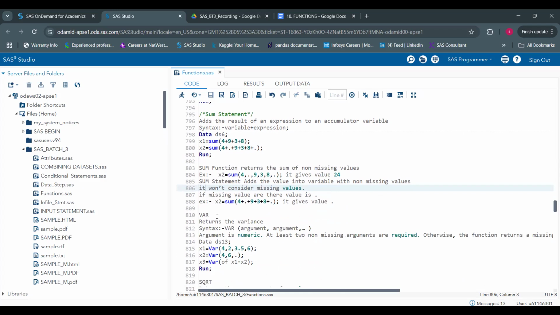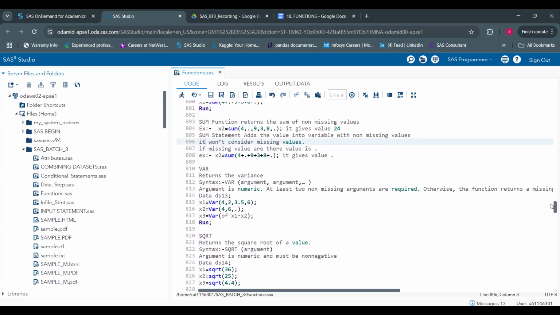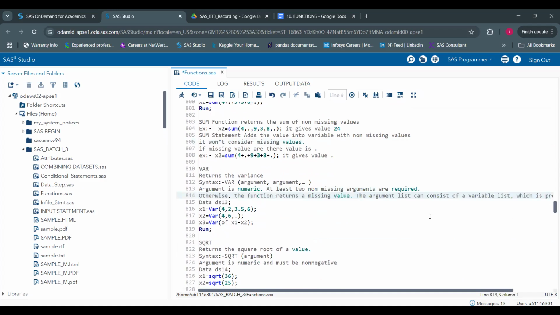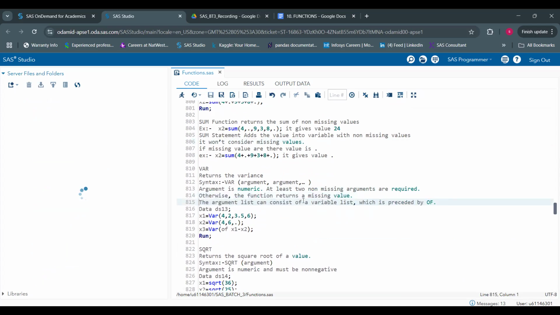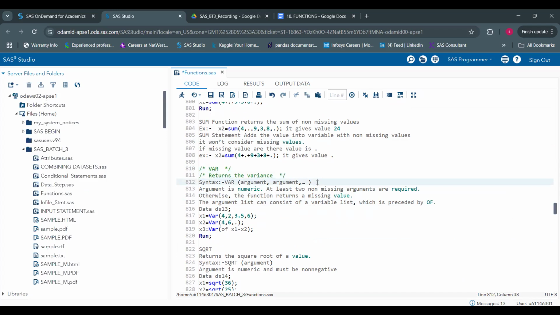Next one. So it is called variance. Argument is number.